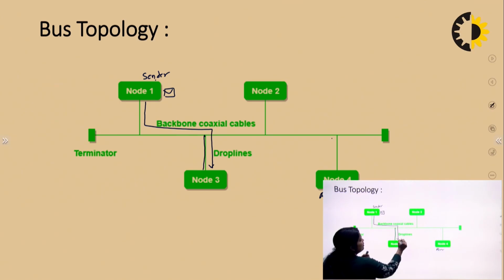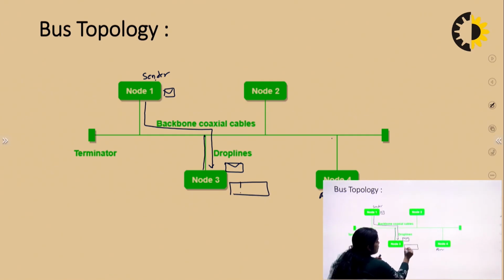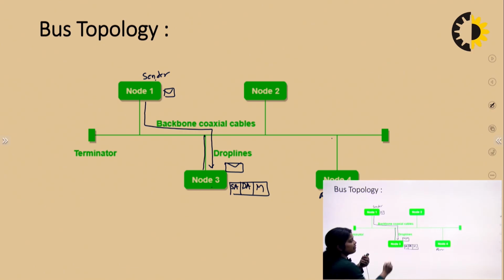But when this packet reaches node 3, you already know that a packet always has a source address, a destination address, and a message. Because the destination address of node 3 mismatches, it will be discarded.